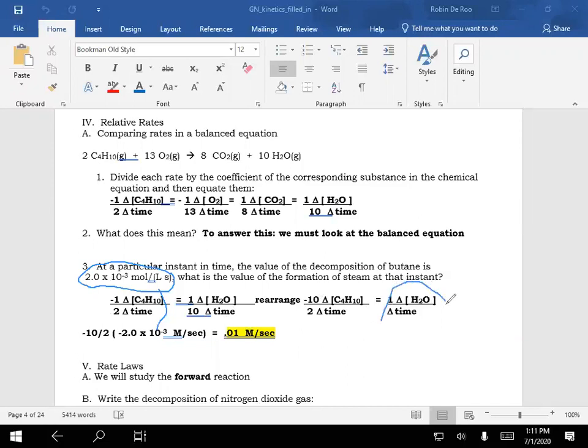So this is what we're trying to find, and that's what we solved for. So we have to look at what was given, which in this case is the decomposition of butane. Here's our decomposition of butane. And what are we trying to find? The formation of steam. And that was this one.